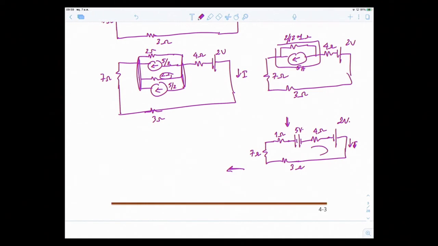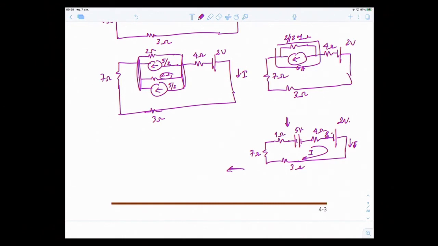So I'm going to write down KVL using mesh analysis. Let's start from here. I'm going to walk from here and go around as the current goes.